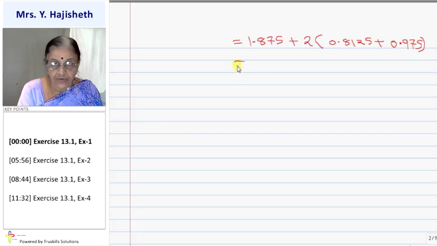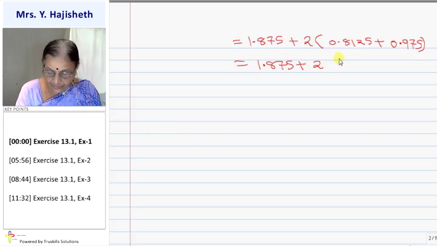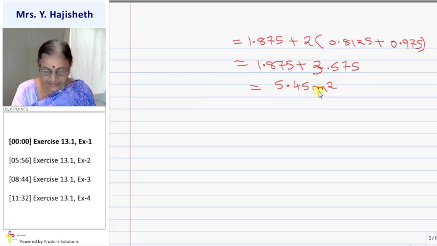So it is 1.875 plus 2 into total, which is 1 point something, and when multiplied with 2, it is nothing but 3.575. So my total area is approximately 5.45 meters square. This much plastic sheet is required. Okay.